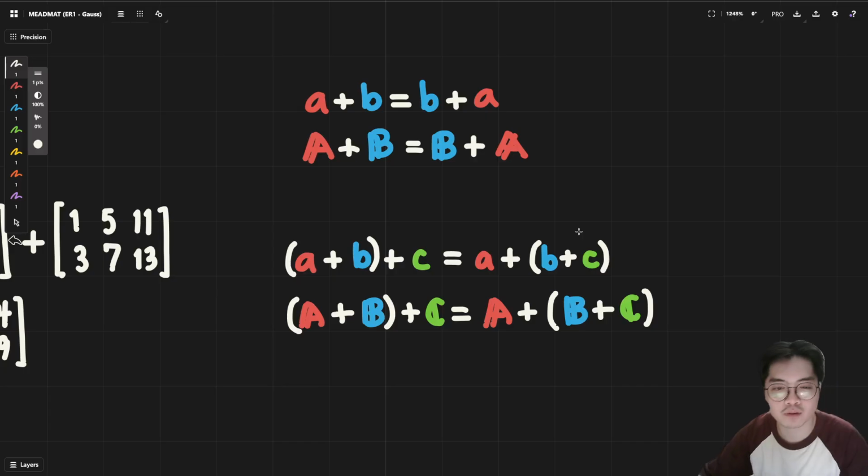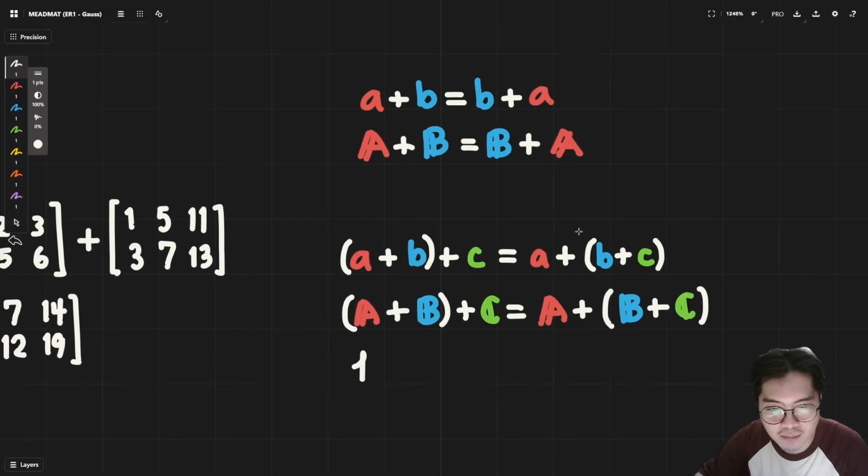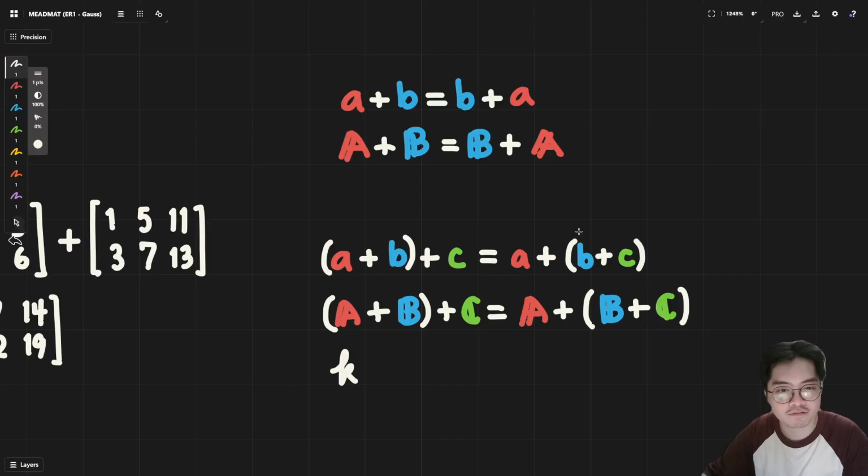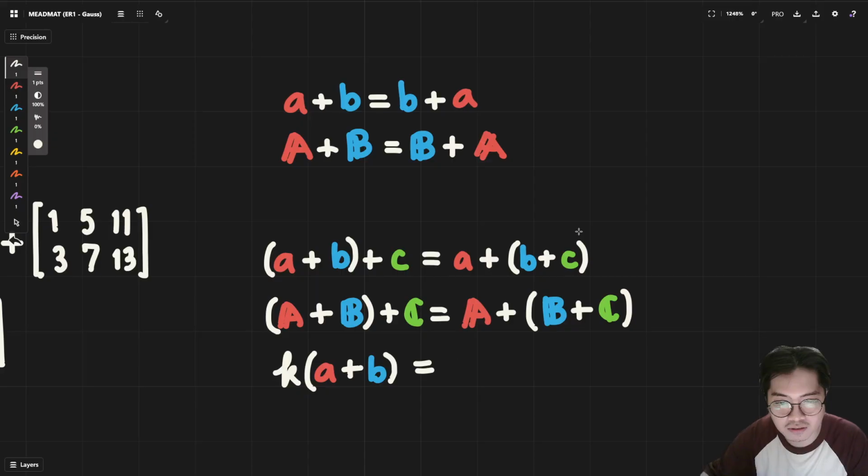And say for example, you have here a scalar. Say you have k, and I will denote it in white because it is not a matrix. If you have a and b together, what you can do is just say, oh, it's k times a plus k times b.